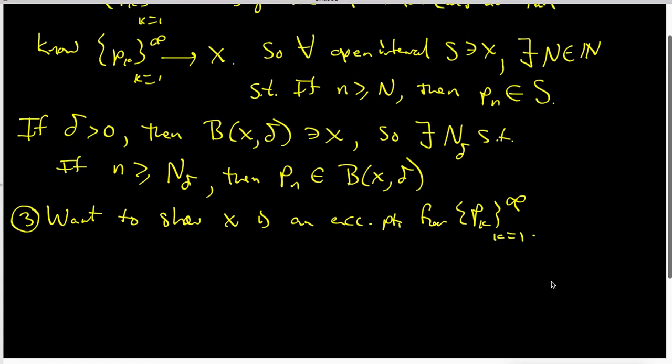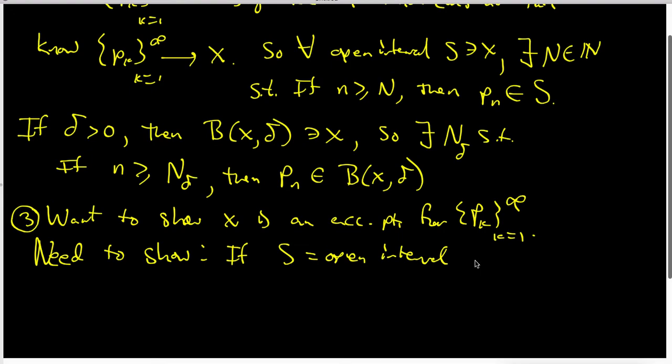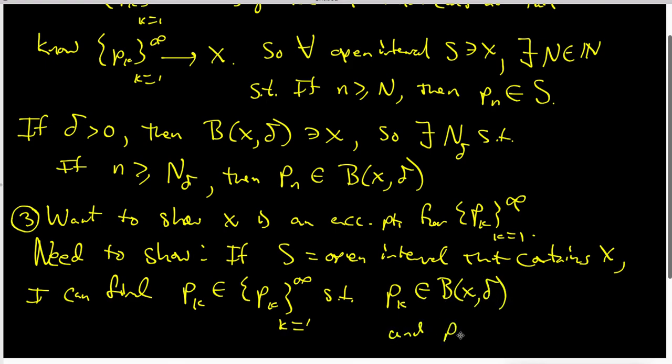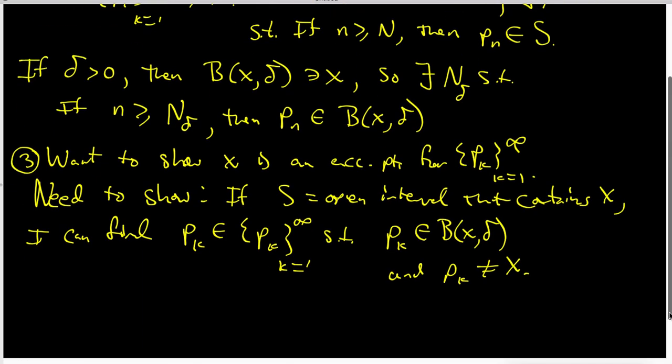That means I need to show that if I take some open interval that contains x, I can find some p_k inside my sequence such that, first of all, p_k belongs to that delta ball, and second of all, that p_k is not going to be equal to x. And that's going to be critically important in thinking about this.